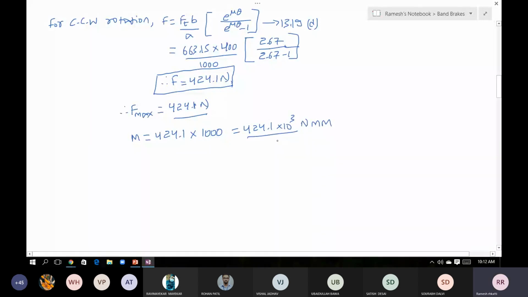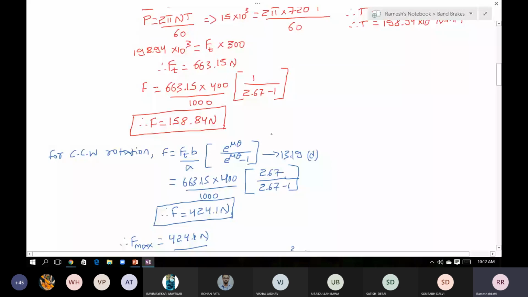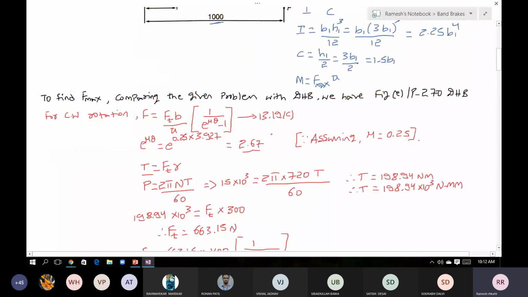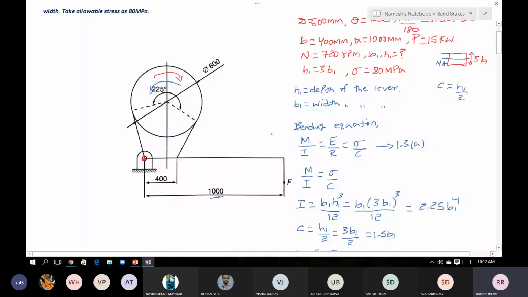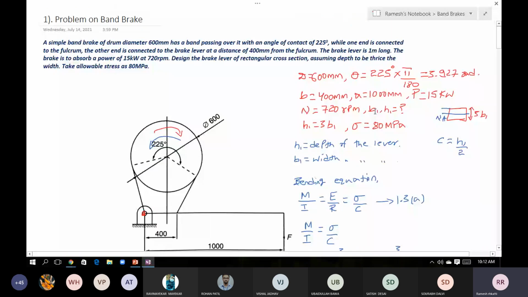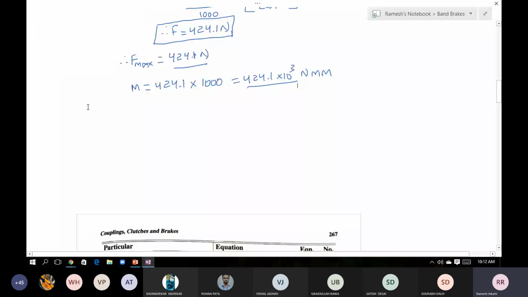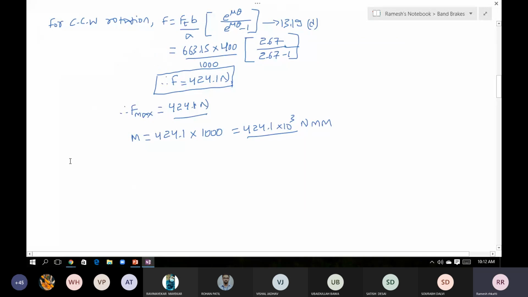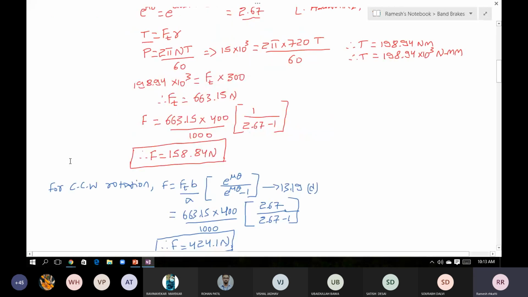He has asked us to design the brake lever, which means you need to find out this B1 and H1. In the given data, he has mentioned that H1 is 3 times B1.